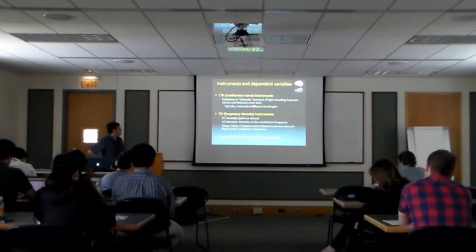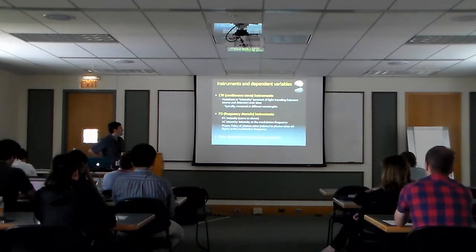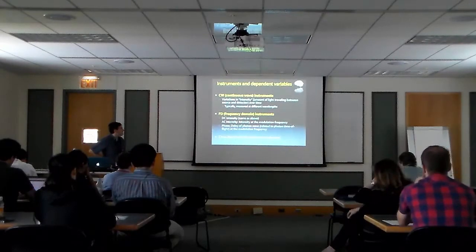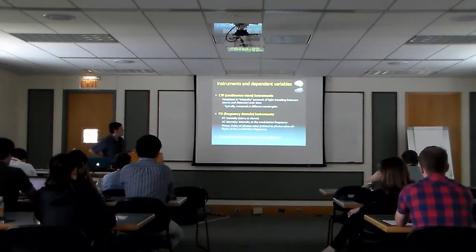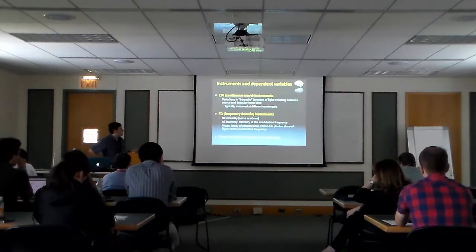Now, these frequency domain instruments are interesting for us because they measure not only the amount of light that goes between a source and a detector, but they can also measure the oscillation of the light that is emitted by a source, and how the oscillation is distorted before going to the detector. And it is distorted both in amplitude and in phase.